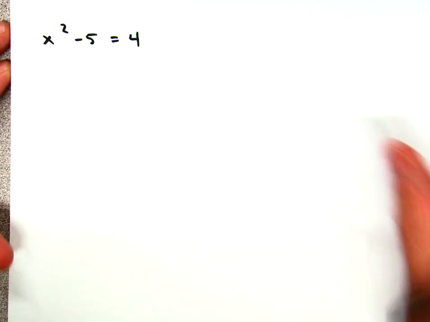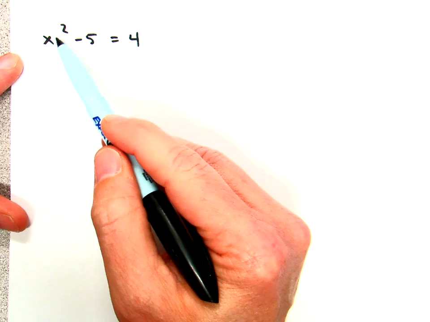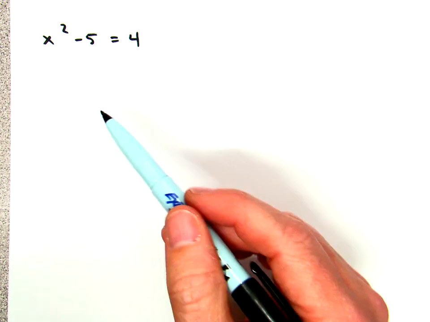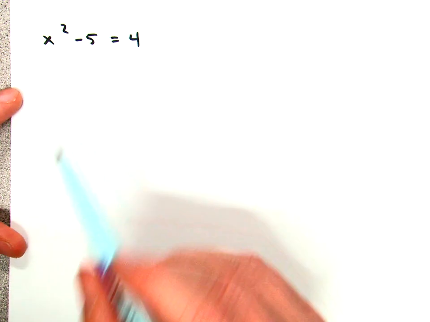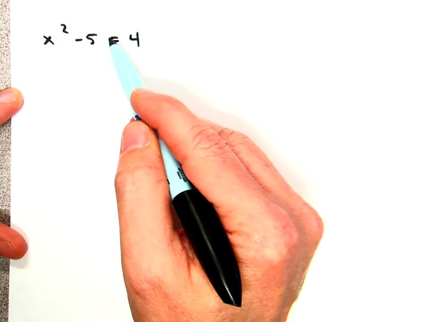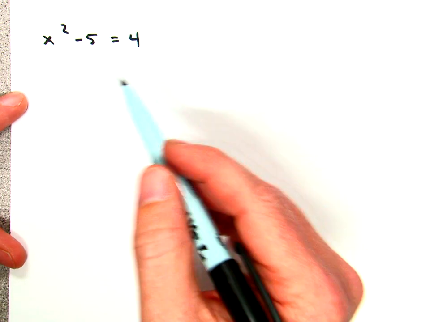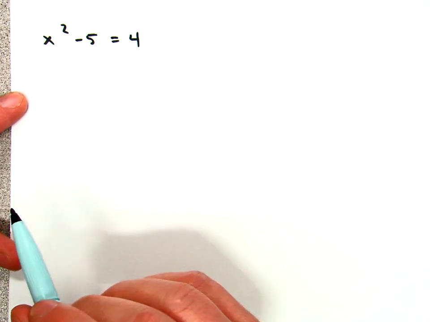Now, at face value, a lot of people will say, well, I know that a square root cancels a square, so couldn't I just square root to get rid of the square first? Now remember, in terms of the equation, whatever we do to one side of the equation, we must do to the other.